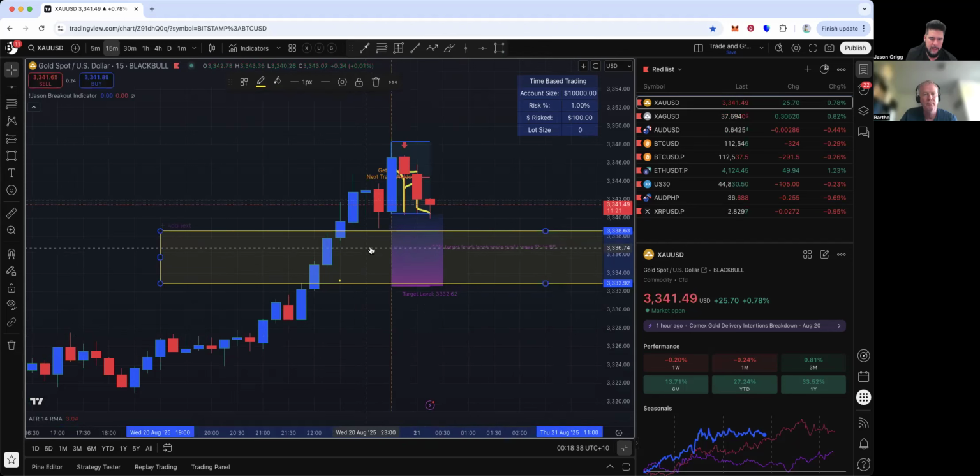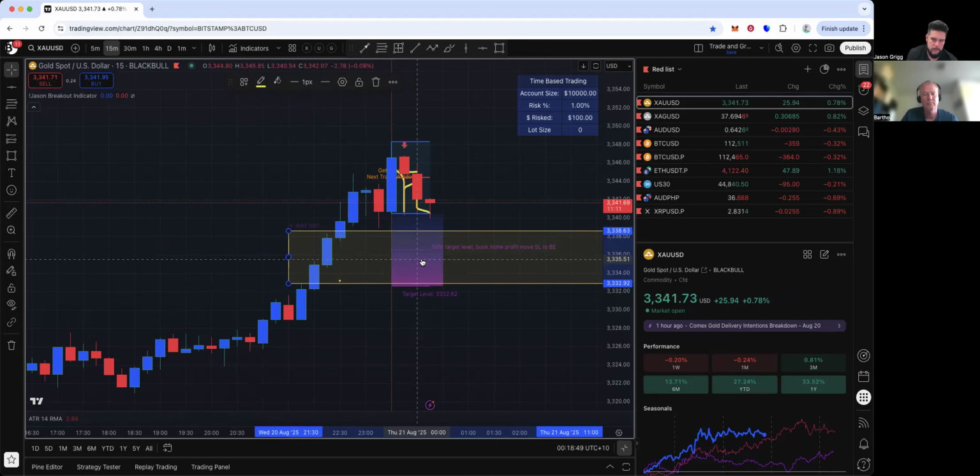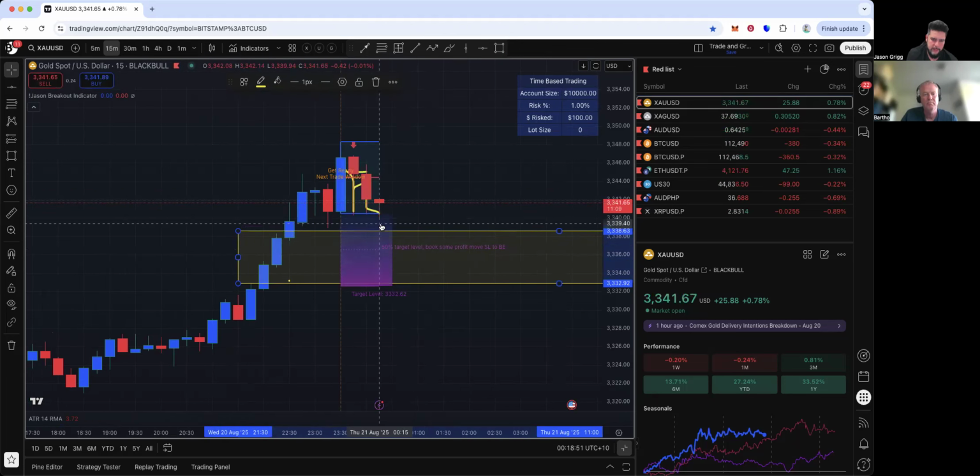But yeah, that area there, 338 to 332, is where we have that imbalance on the hourly. So if we continue down from here, it's going to fight in between that area.